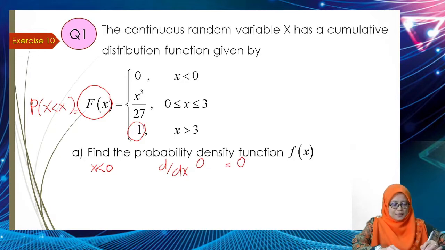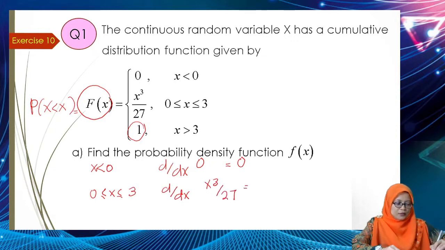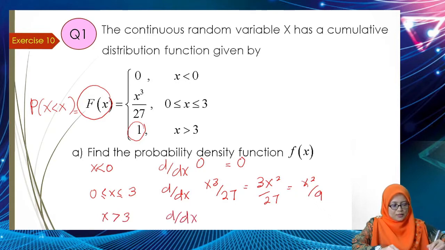Then for the second interval, x in between 0 to 3, differentiate the function x cubed over 27, so equal to 3x squared over 27. So simplify, we'll get x squared over 9. Then the last interval, for x greater than 3, differentiate the function, which is 1. So differentiate constant, kita akan dapat 0.